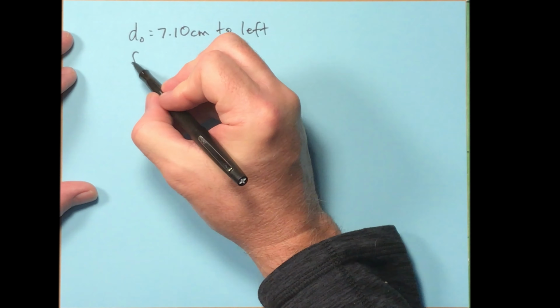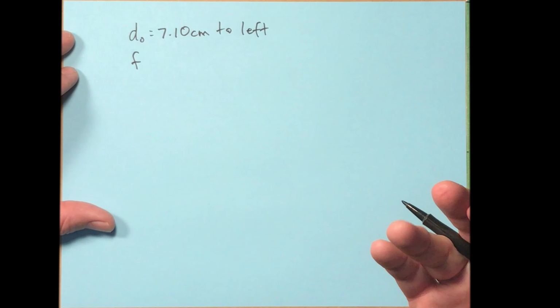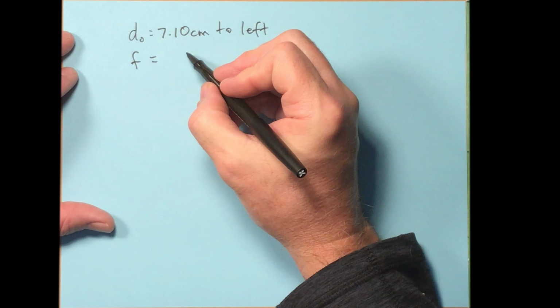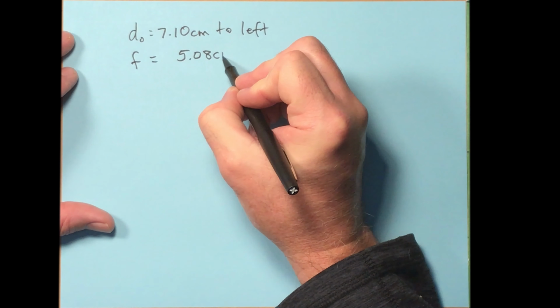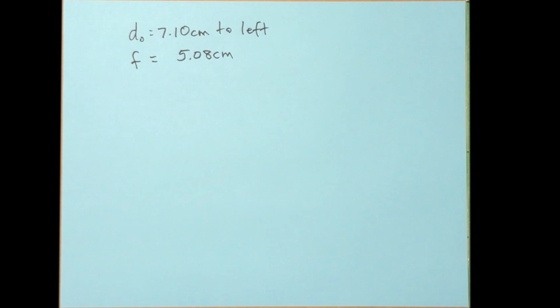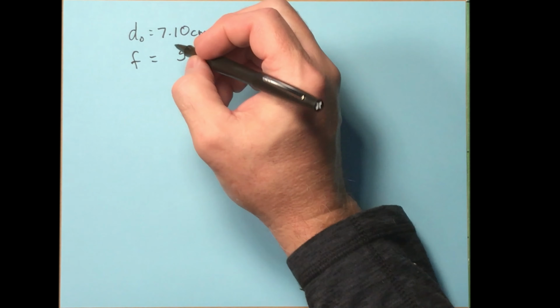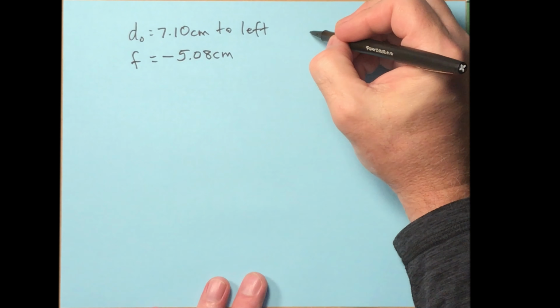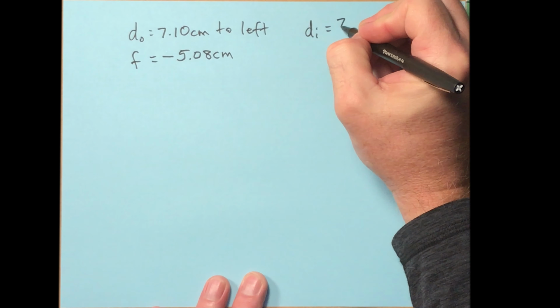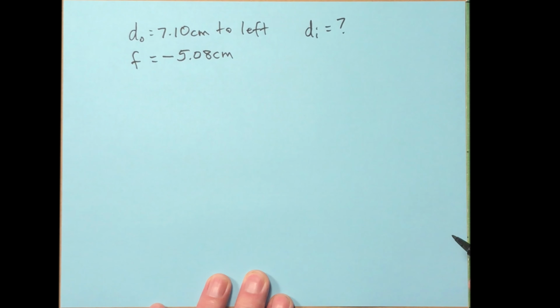And this would be a diverging lens, and it has a focal length of 5.08 centimeters. Now, it's a diverging lens. If I were to tell you it's a diverging lens that has a focal length of 5.08 centimeters, it's up to you to know that that must be negative. Then the question becomes, what is the image distance?